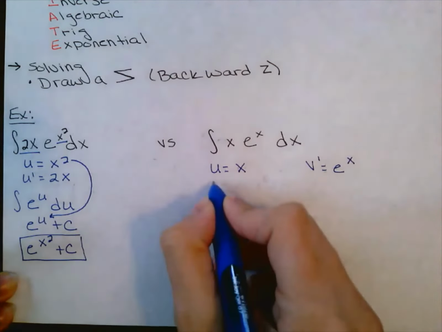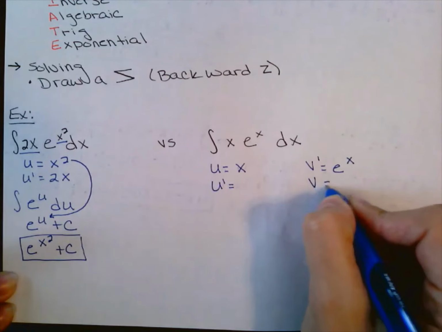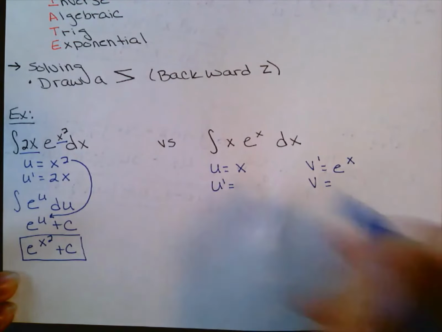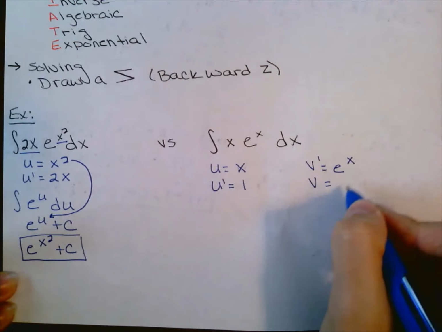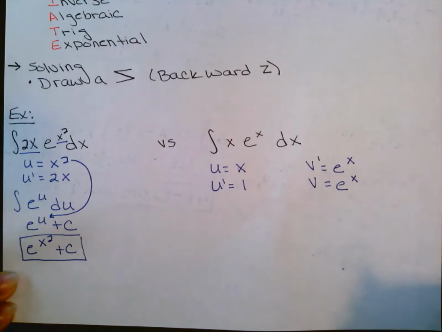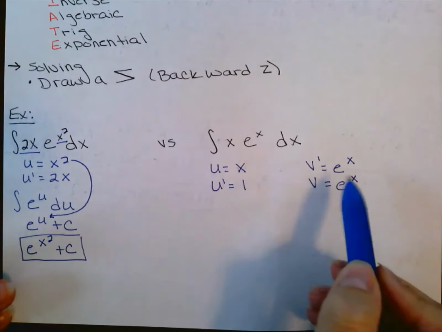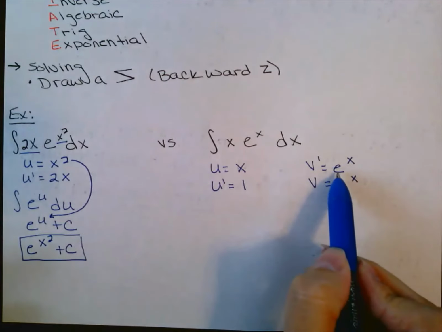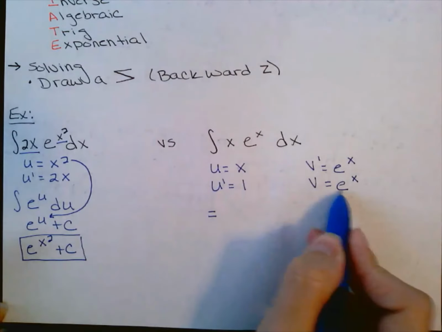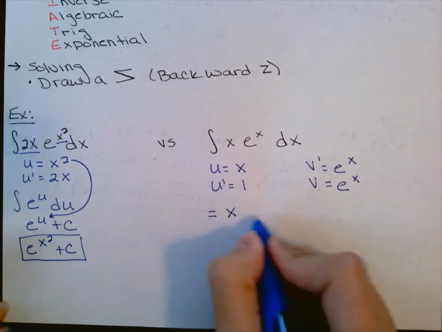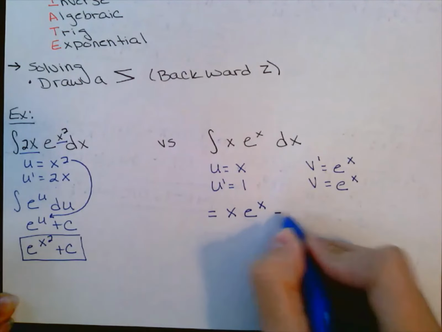The next part of my chart is a u prime, doing the derivative, and a v, doing the antiderivative. The derivative of x is just 1, and the antiderivative of e to the x is e to the x. Now if I follow my backward z, I have e to the x and x from my original question, and it equals, the next part of the z is the diagonal, x times e to the x, minus the integral.